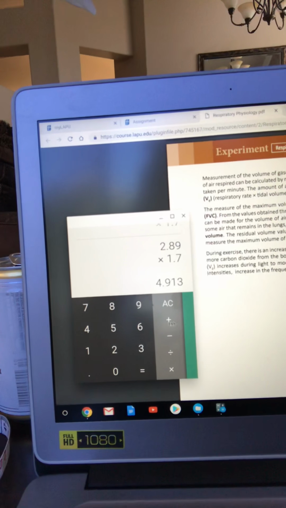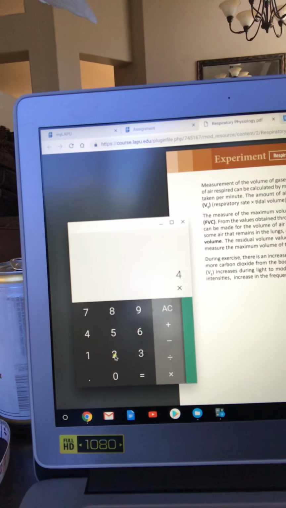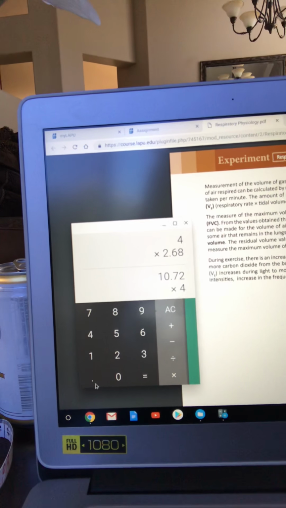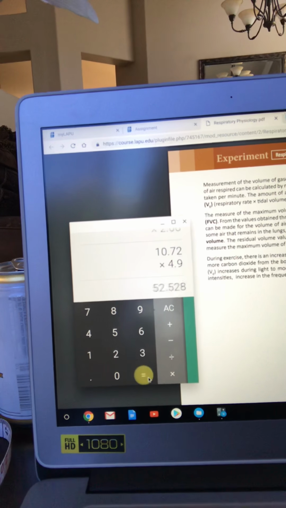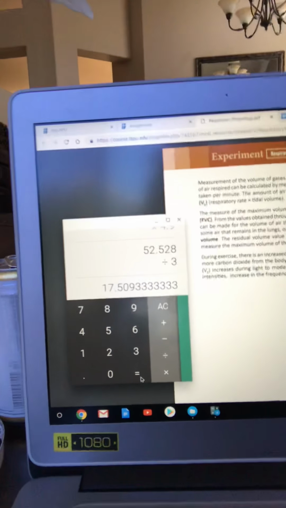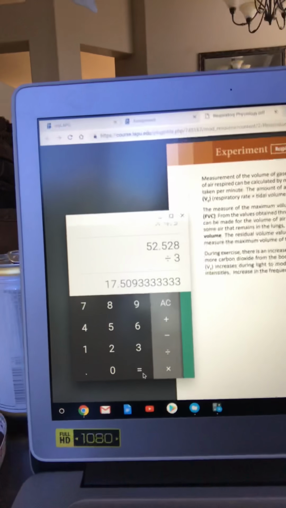Okay, so 4.9. I'm just going to take 4.9. I'm going to start the other way of the equation. Divided by 3. Yes, so the actual volume for that one trial came out to 17.5. And that's how you determine the volume of the gas exchange.